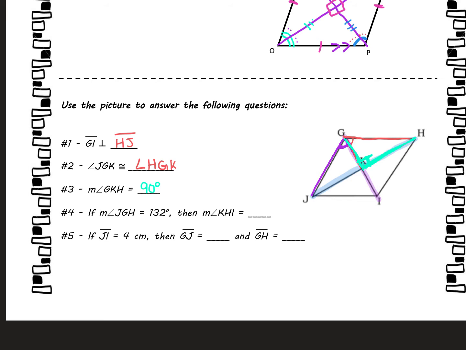All right, and then we're going to hop over to this next one. It says if the measure of angle JGH, I'm going to use my blue pen here, JGH, so it's talking about this entire angle, is 132 degrees. Then how much is KHI? So K is here in the middle, H to I. So it's talking about a little baby angle right here.